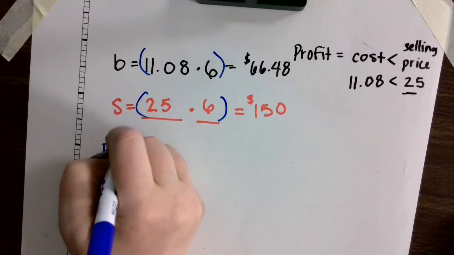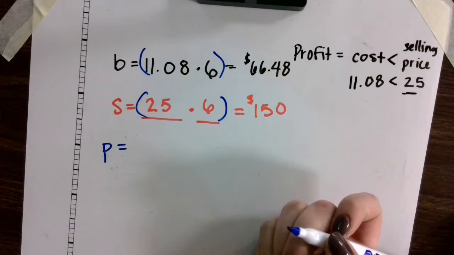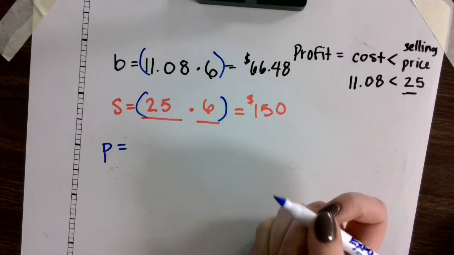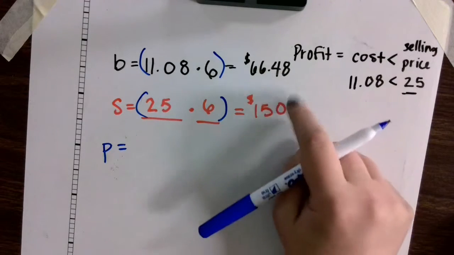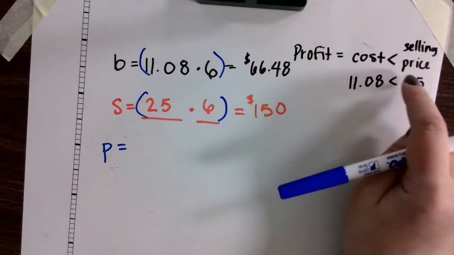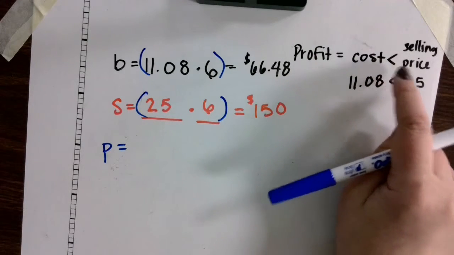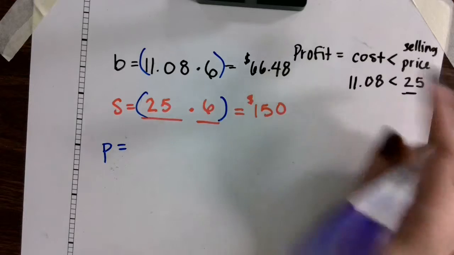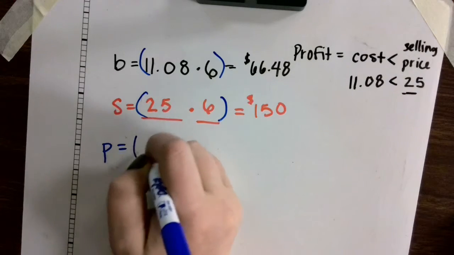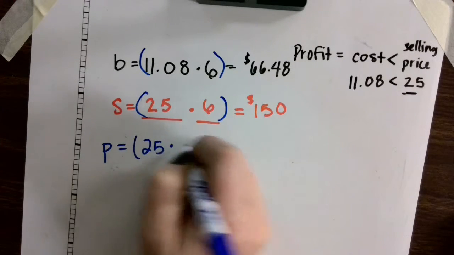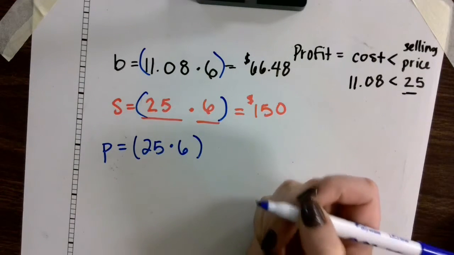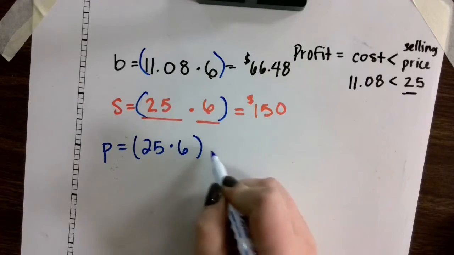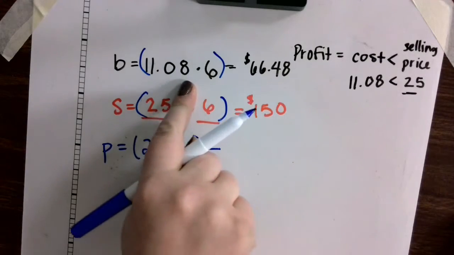So if P equals my profit, I need to think about which number is larger, so it goes first. We already checked and said, yeah, he's selling them for more than what it cost to build them. So I know that my selling amount will go here. Then I need to subtract the amount of money it took to make them.